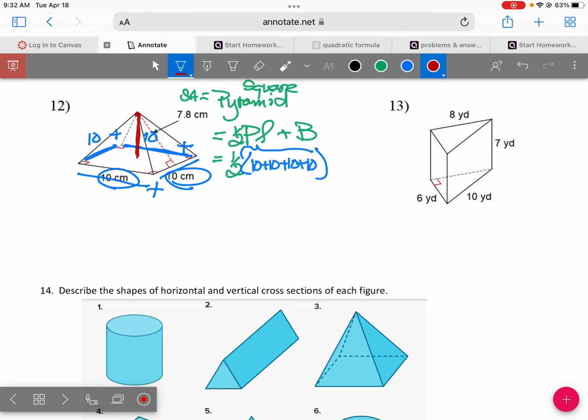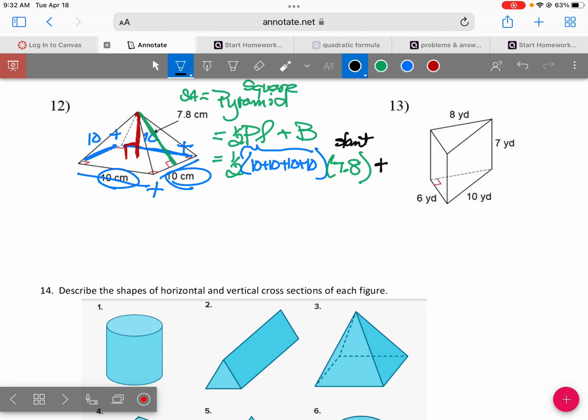That's how tall the whole pyramid actually is. But they gave us this, and that is a slant height. Okay, so good. We don't have to calculate that. 7.8. That is your slant height.